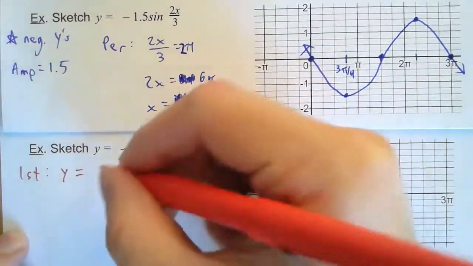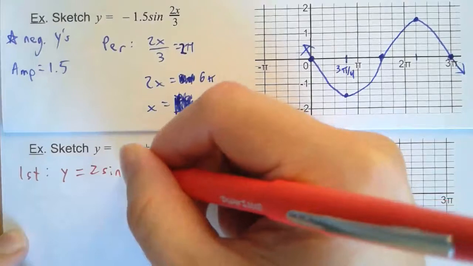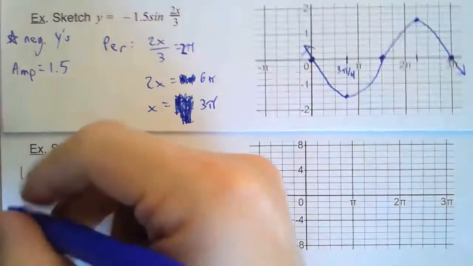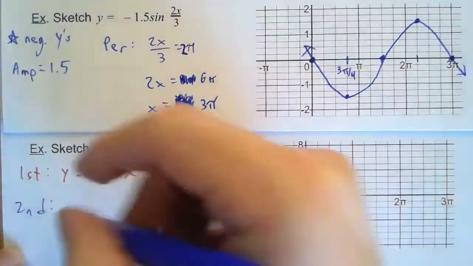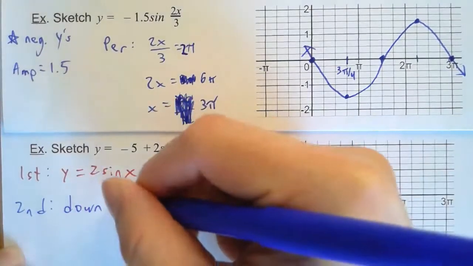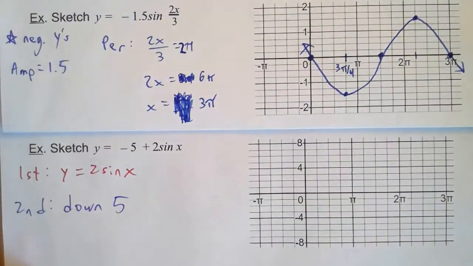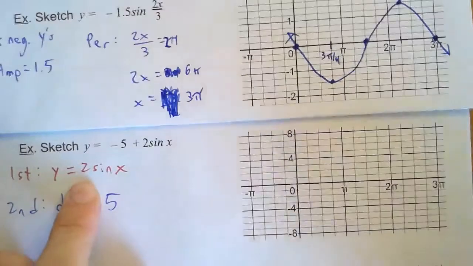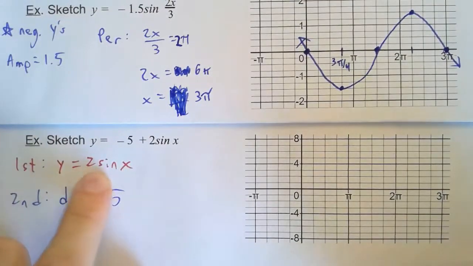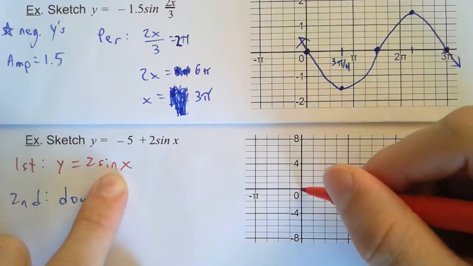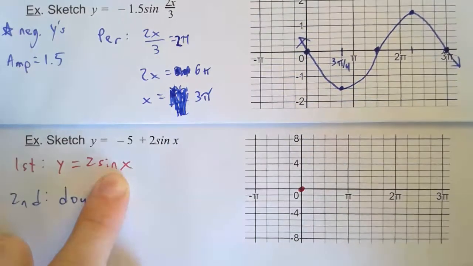First, graph y equals 2 sine x. Second, take every point and shift them down 5. For y equals 2 sine x, the amplitude would be 2. Sine of 0 is 0, so we start at 0.